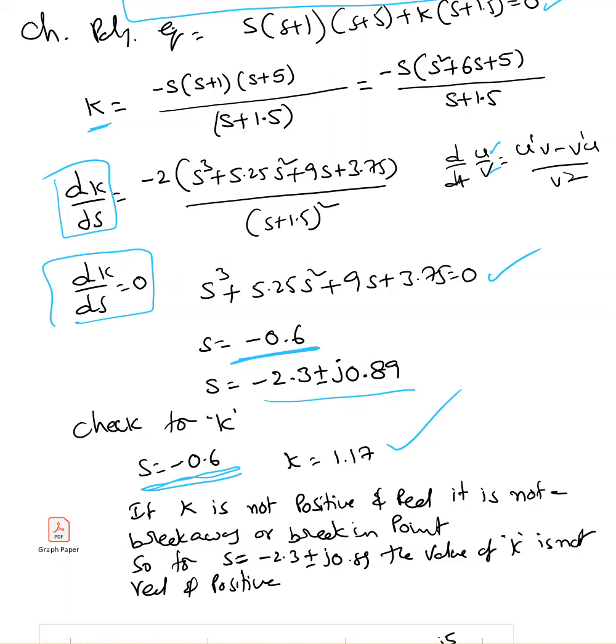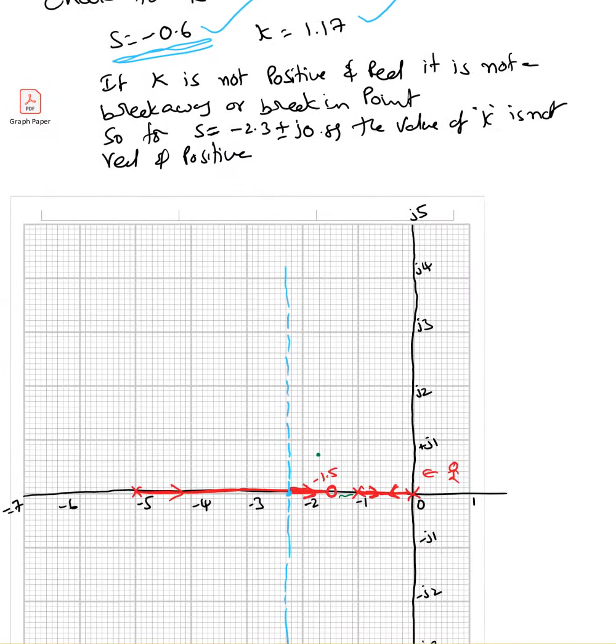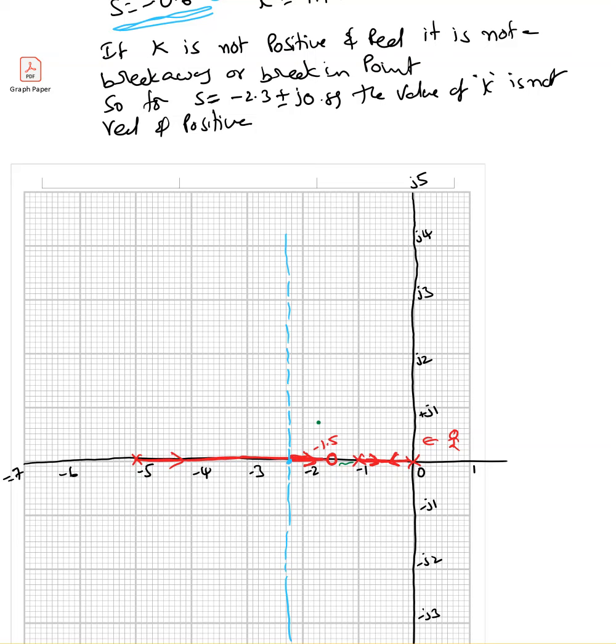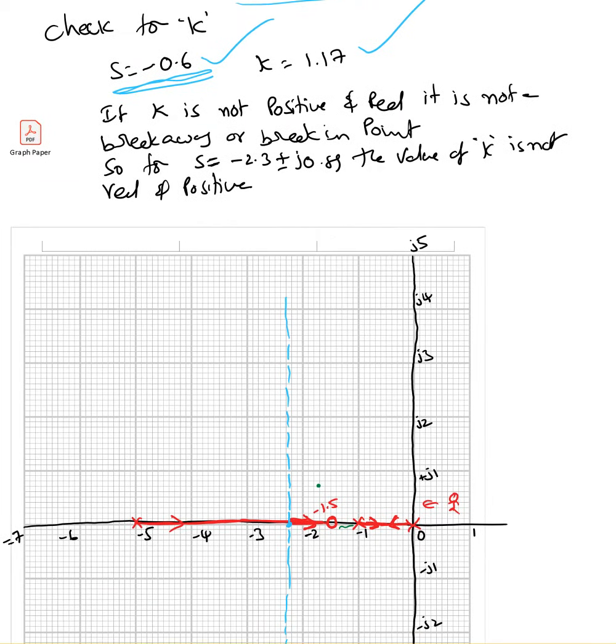If k is not positive and real, it's not a breakaway point. Here I end up with a positive value, so it's sure that's a breakaway point. The remaining 2 points are not breakaway points. I didn't show it here, but when you substitute the complex values in the characteristic polynomial equation of the closed loop system, you end up with a k that is not a real number. So the breakaway point is s equal to minus 0.6.